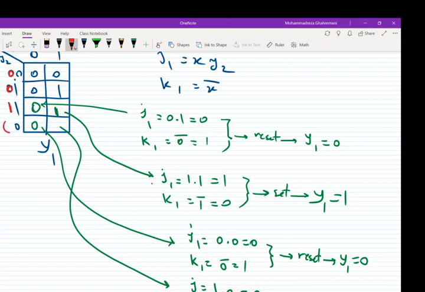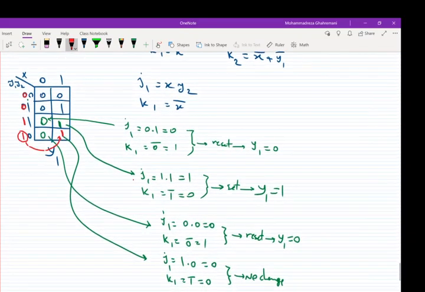Oh sorry, it was 1. Let me fix it. It was 1. So the current value will be the next value. So it's 1. Okay, so this one is the state table for flip-flop number 1.